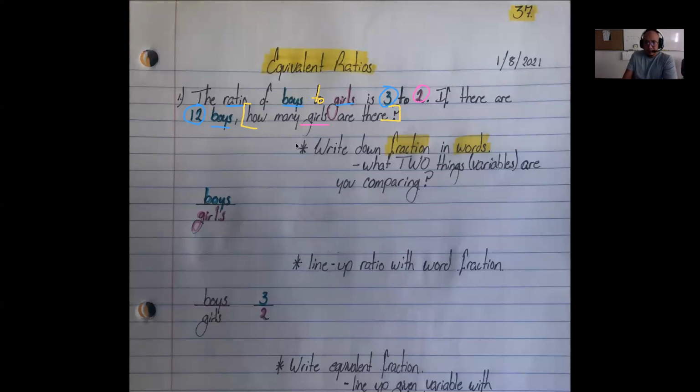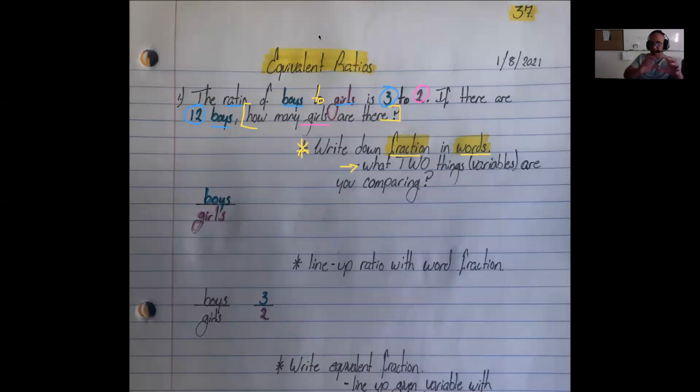Let's set it up. Please write this down if you haven't done so. Our first step is to write down the fraction in words. I'm going to call this a word fraction. We're going to write down the fraction of the two things that we are comparing. So again, what are those two things? Obviously, we're comparing boys to girls, in that order.